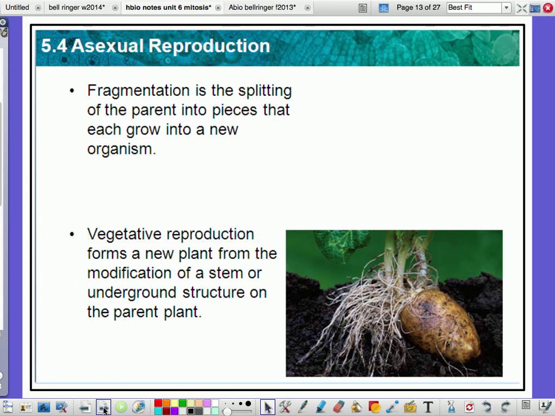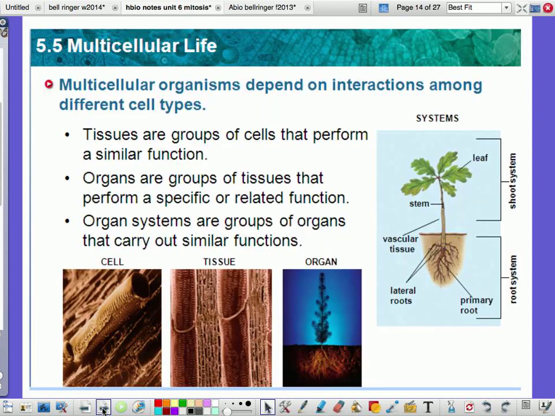There's lots of different ways that they do this, but basically it could be like the potato through a tuber or a root system. It can be from a shoot or an offshoot or a leaf. Propagation of some sort all makes an exact copy of that same plant. But that's fragmentation or vegetative reproduction. Those are your next ones.